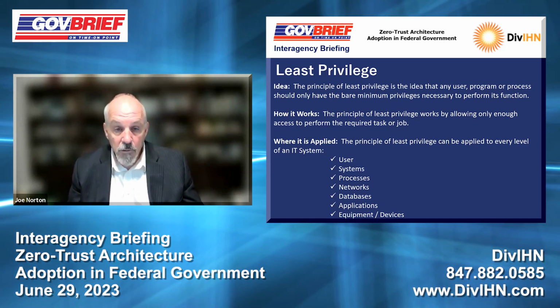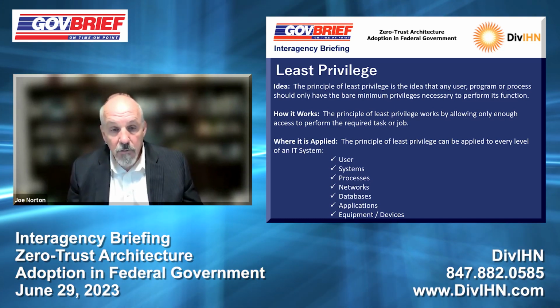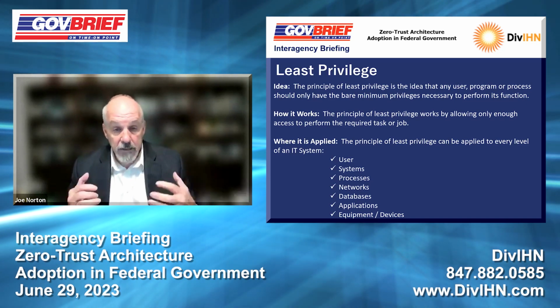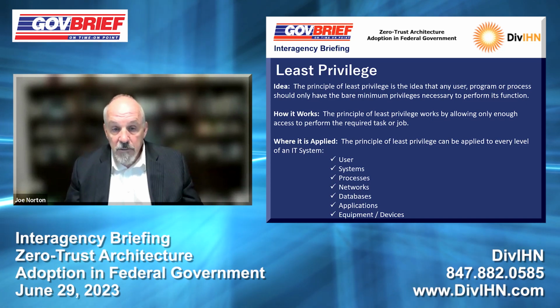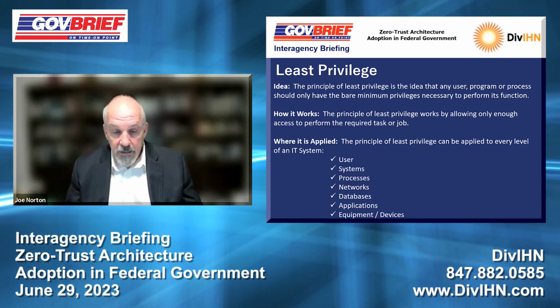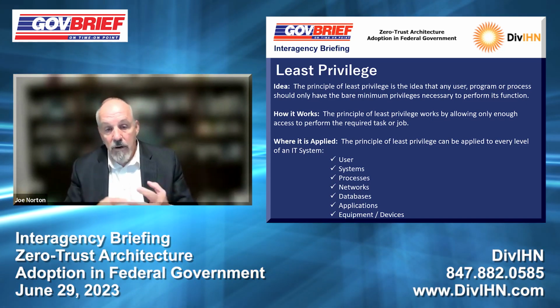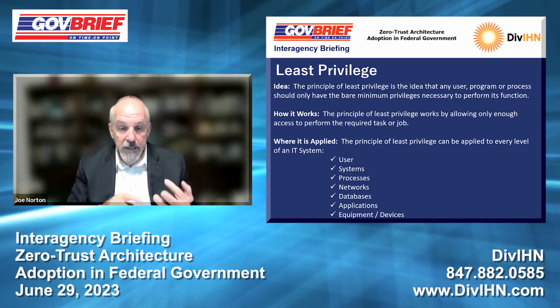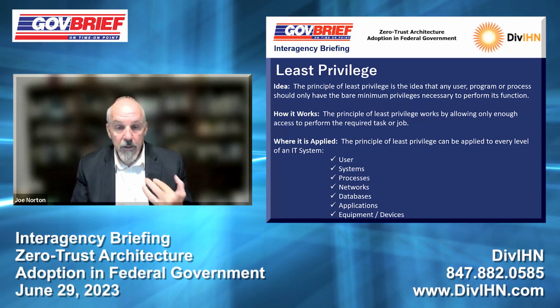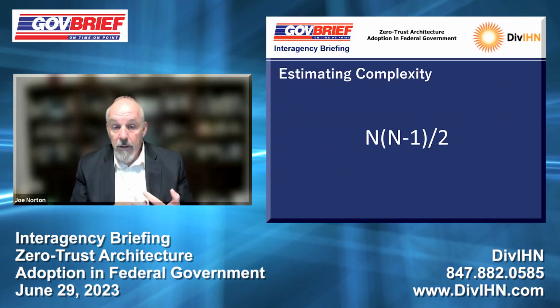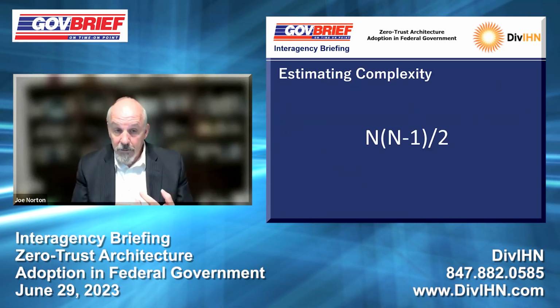And once it's done performing that function, you turn off the access. They should exit. The principle works by allowing only enough access to perform the required task and job, and it's applied at the user, systems, process, network, data, applications, and equipment level.